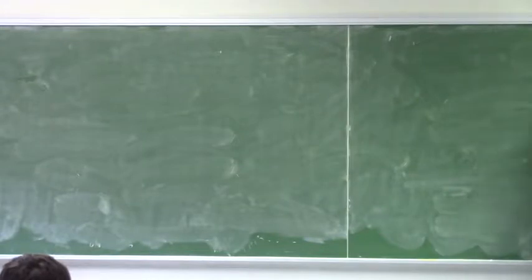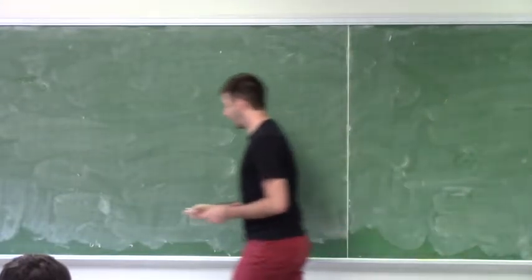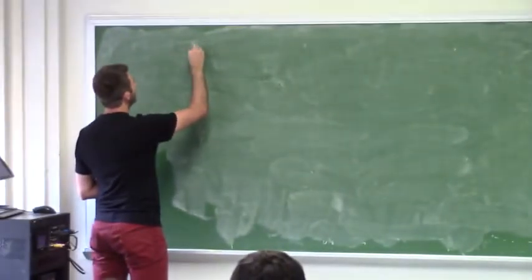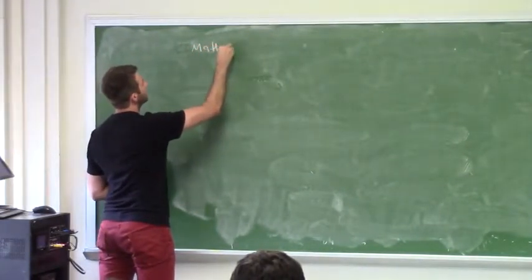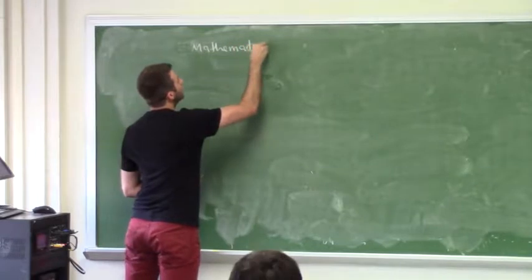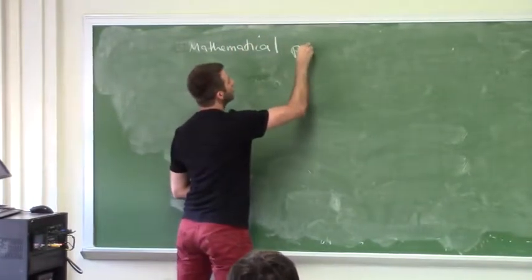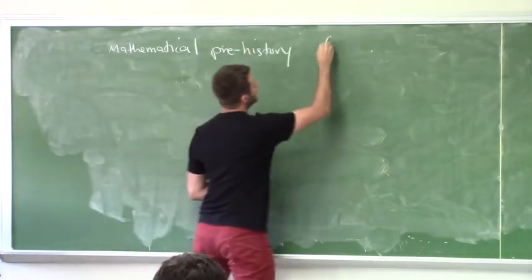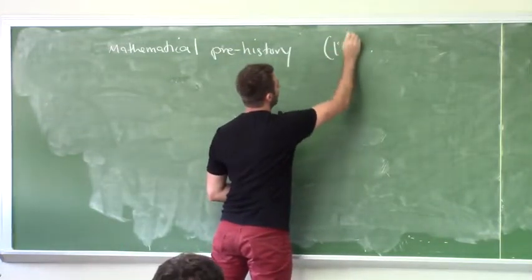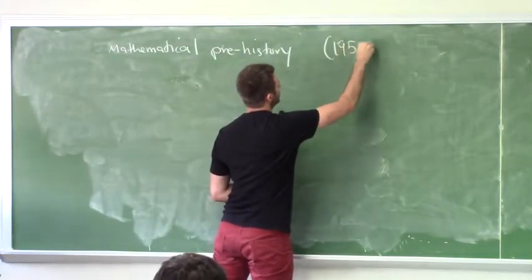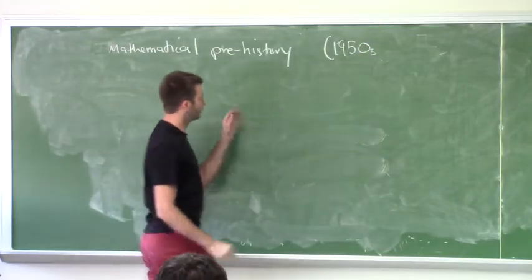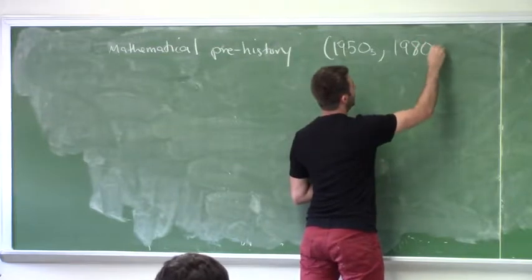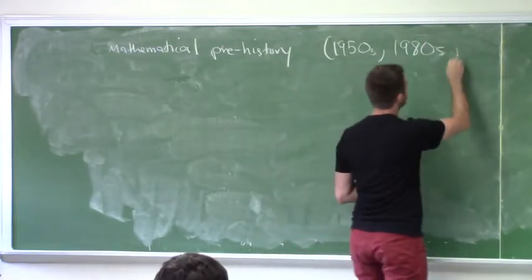Okay, so I want to talk for a minute about the mathematical prehistory of this subject. That means I want to talk about things from the 1950s, which I think people would agree was prehistory. The 1980s, maybe a little bit less so for some people.